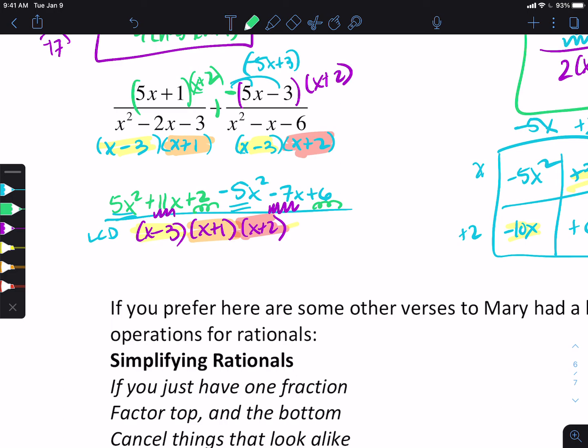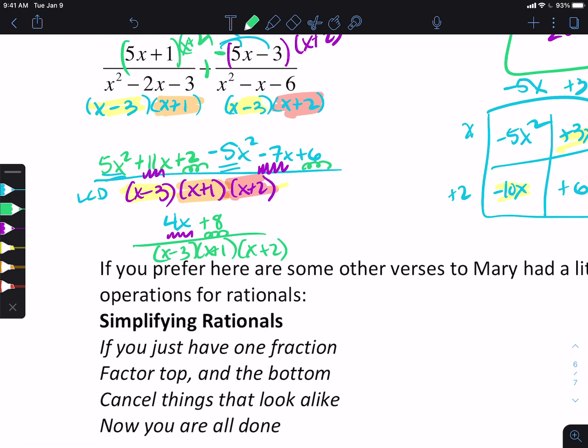So if we do the 5x squared minus the 5x squared, that gives us no x squareds. If I do 11x minus 7x, that gives us 4x. And then if we do 2 plus 6, that gives us 8. All over, keep the common bottom. Okay.